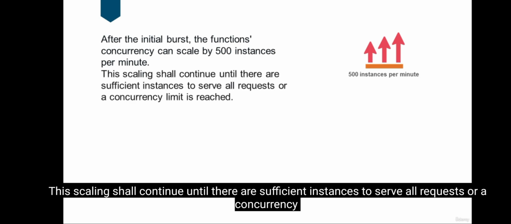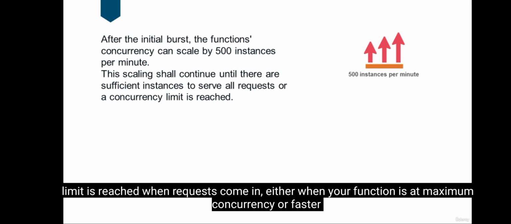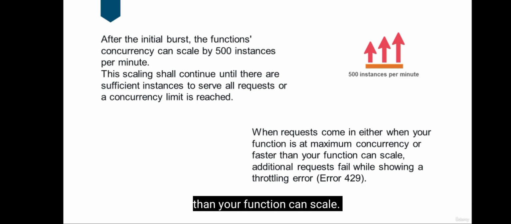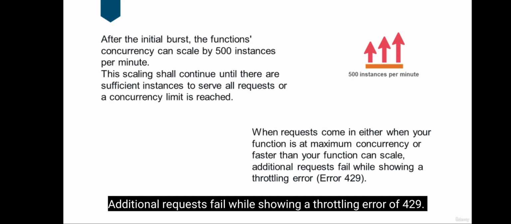This scaling shall continue until there are sufficient instances to serve all requests or a concurrency limit is reached. When requests come in either when your function is at maximum concurrency or faster than your function can scale, additional requests fail while showing a throttling error of 429.